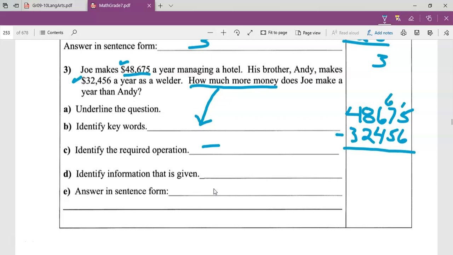This becomes a 6. 15 minus 6, you get 9. 6 minus 5 is 1. 6 minus 4 is 2. 8 minus 2 is 6. 4 minus 3 is 1. Put a comma there. $16,219. That's our answer.